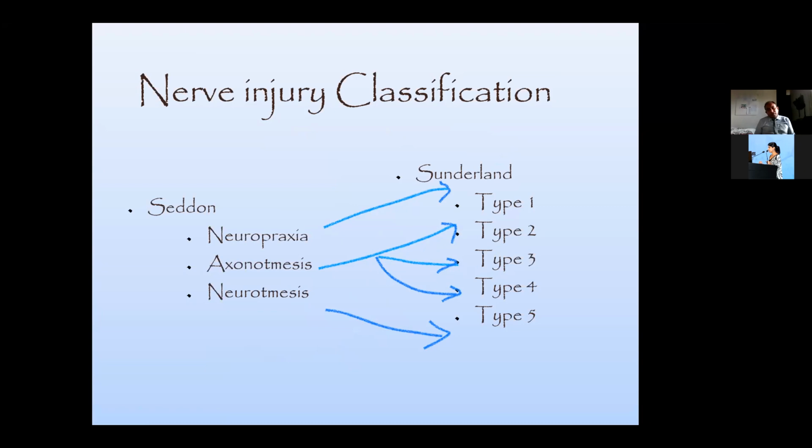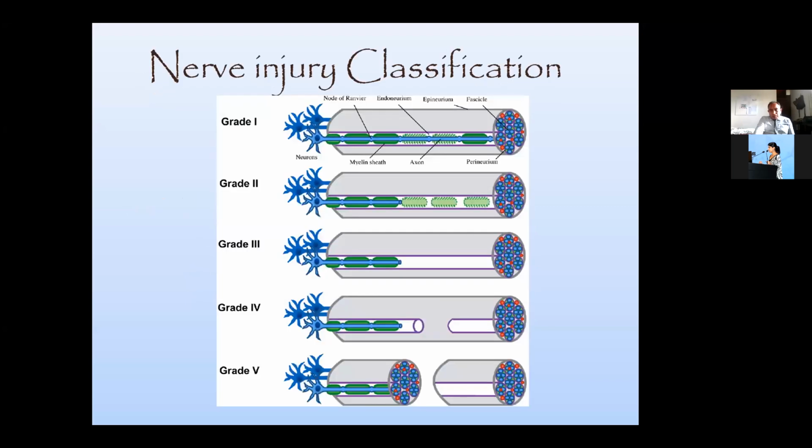This is not sufficient to explain how the nerve injury recovery happens in most of the cases. So therefore, the Sunderland classification has come, and in that, the neuropraxia and neurotmesis have no change as such, but he has basically expanded the axonotmesis. So this diagram should explain what the Sunderland classification is.